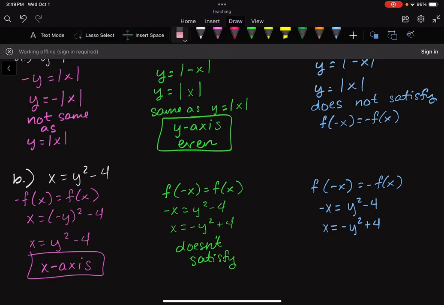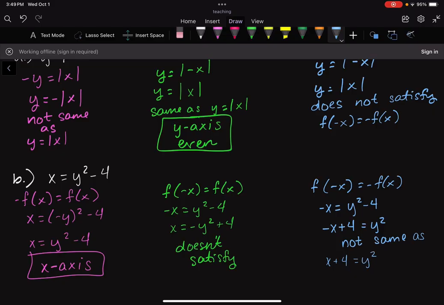Or you could take it like this. Here's another way to do it. You could say, let's add that 4 over. And the original one, if we had moved that 4 over, we would have had x plus 4 equals y squared.